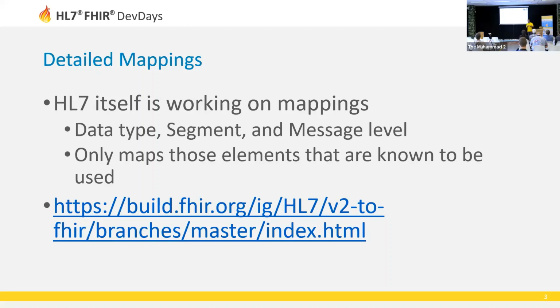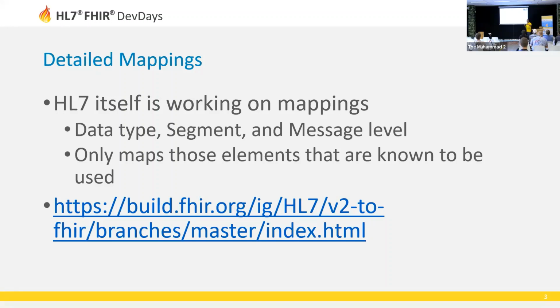And actually HL7 itself, and it's a great starting point for whatever you're doing in this transformation space, has already created mappings. These are essentially spreadsheets that show you the relationship at a rather detailed level, at the segment level, at the message level, and even at the data type level, between the version 2 side and the FHIR side. Link is here, and if you Google on version 2 to FHIR mapping, you will find the implementation guide as well.